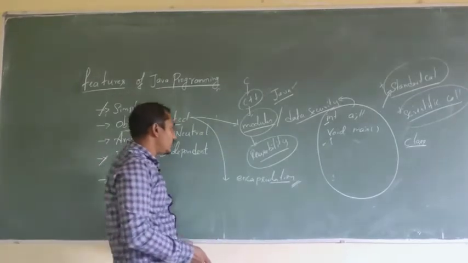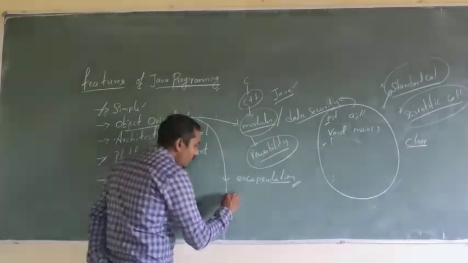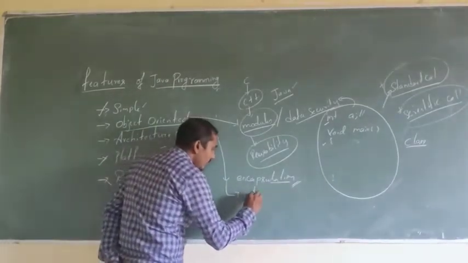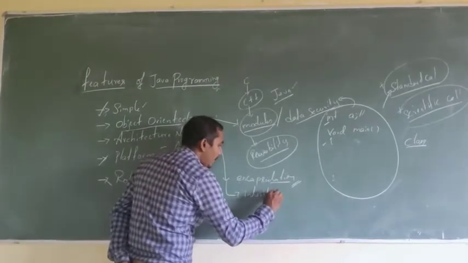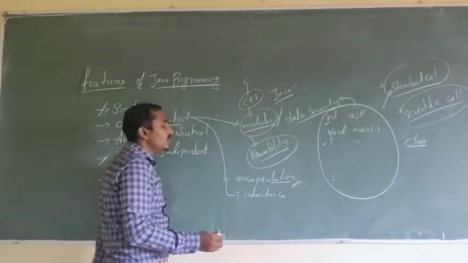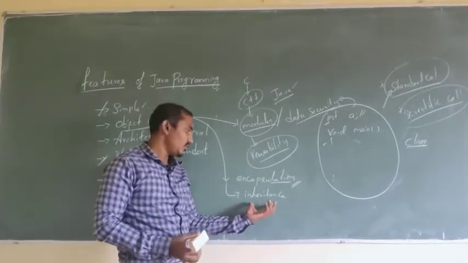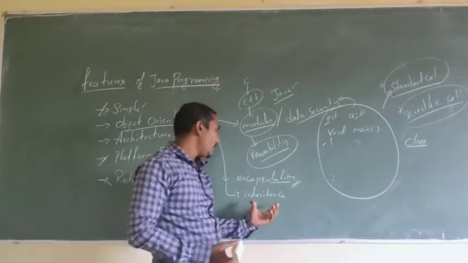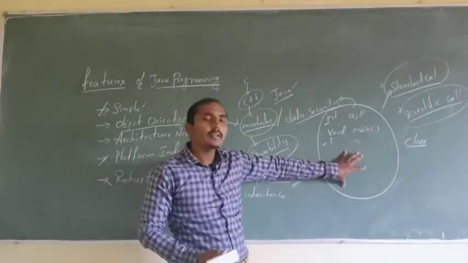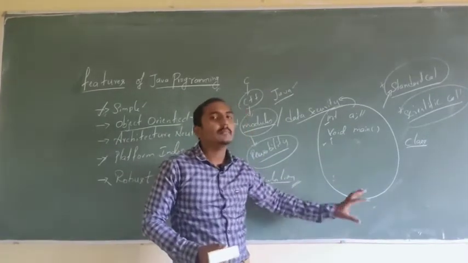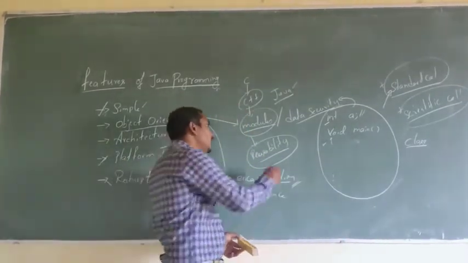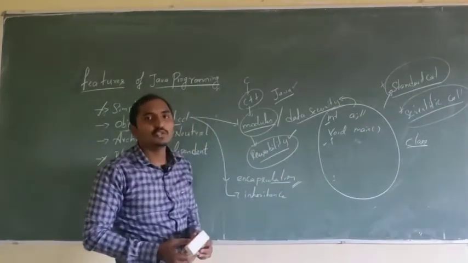Now coming back to the next important feature of object oriented programming language, it is inheritance. What is inheritance? Inheritance is a feature where the property of one object can be used by another object multiple times, which is nothing but reusability.